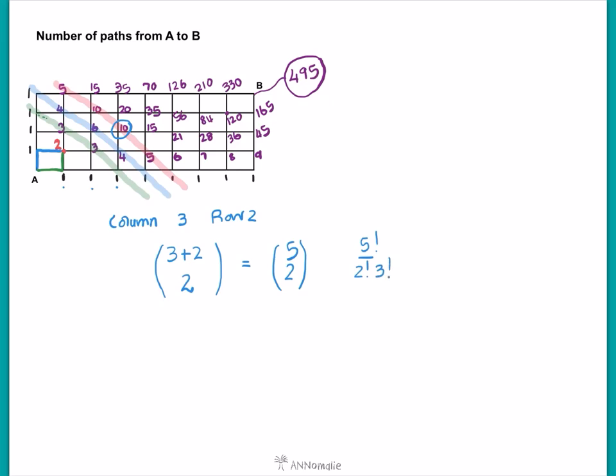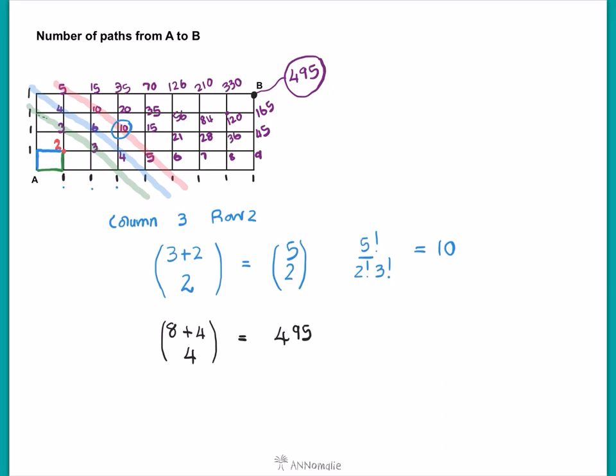And we know that that answer will be 10. And we can find each one of these in a similar way. So if I look at this particular position, I can see that it is 8 plus 4, 8 columns, 4 rows, and we are at the 4th row, and we already know that that answer is 495. So we get the exact same thing by using Pascal's triangle and the binomial coefficients.